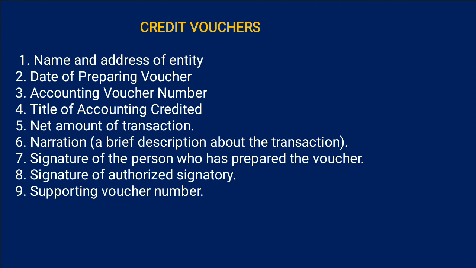Then date of preparation, accounting voucher number, title of the account credited, what things are going to be credited in that, net amount of the transaction, and we have to write the narration, that is a brief description of the transaction, signature of the person who has prepared the voucher, signature of the authorized signatory, and supporting voucher numbers. Because when you prepare credit vouchers, at the same time we have to mention the supporting voucher number.